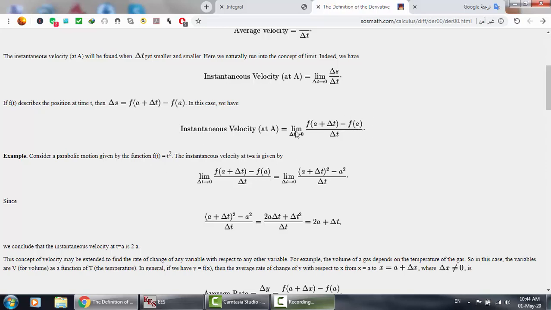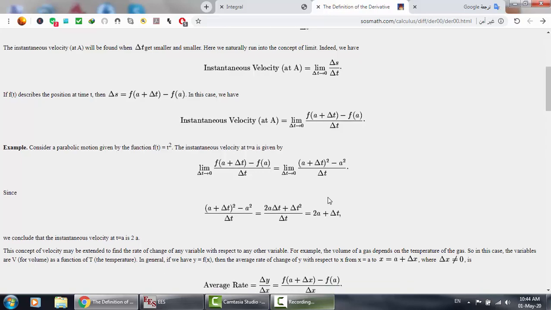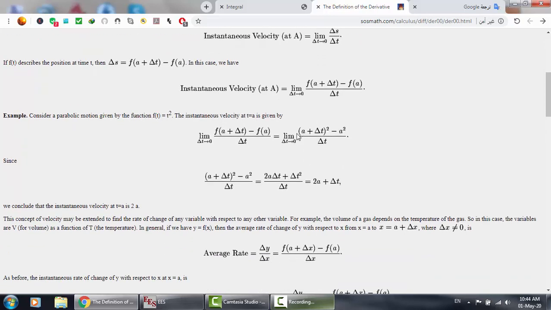So put a here, and the first time, put this here, it will be squared. Then put a, it will be a squared. Then divide by delta t. So after finishing this, it will be (a plus delta t) squared minus a squared, divided by delta t. When we simplify this, it will be 2a plus delta t.